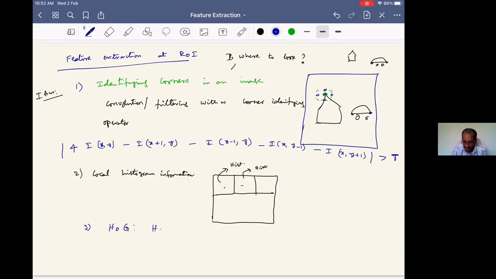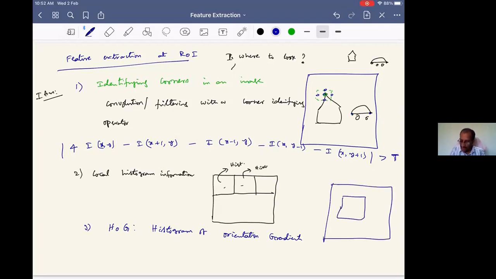Given an image, you can take a particular region wherever we are. In this region, you find all the edges. Whether it is a car or whatever, you find the angle of all these things. And then for this, you make a histogram.